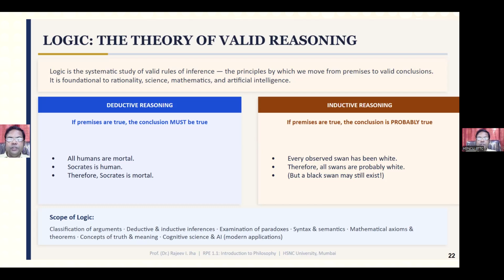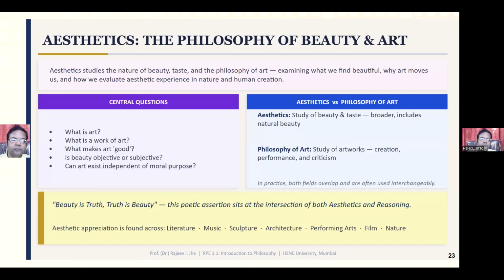From reasoning, we turn to the most experiential branch of philosophy, and one which is very close to my way of working and thinking: aesthetics. Aesthetics is the branch of philosophy that studies the nature of beauty, taste, and the philosophy of art, examining what we find beautiful, why art moves us, and how we evaluate aesthetic experience in both nature and human creation.